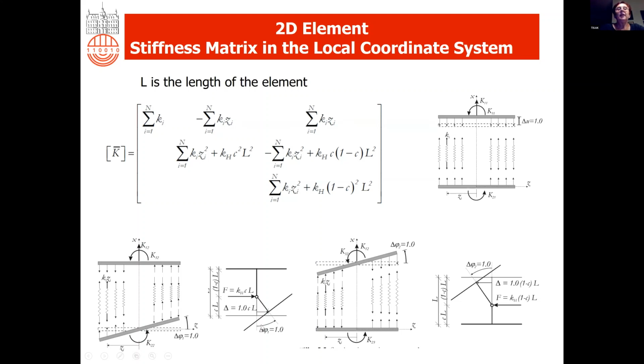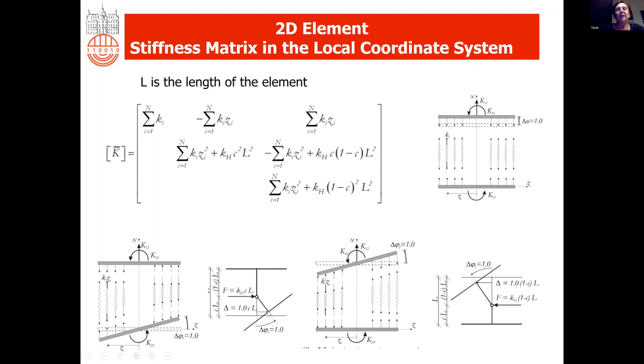When we rotate, for example, this node here, we have also some horizontal displacement, which is equal to 1 times the rotation. C is the distance of the shear force from the node, and L is the length of the element.